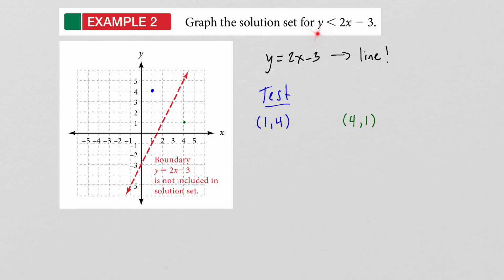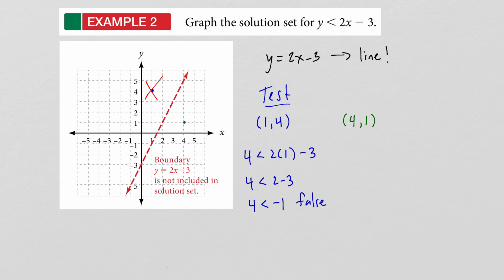So here y is 4 and x is 1. And so that's going to tell us that 4 is less than 2 times 1 minus 3, which says 4 is less than 2 minus 3, or 4 is less than negative 1. And this, of course, is false. So this point up here does not work.